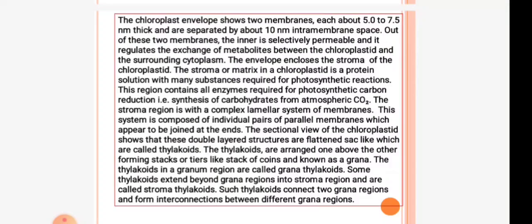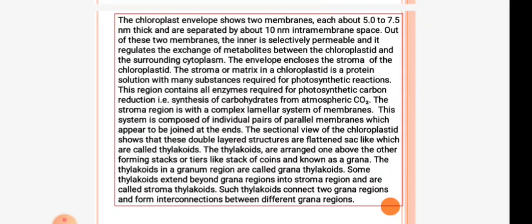The chloroplast envelope shows two membranes, each about 5 to 7.5 nm thick, separated by about 10 nm intramembrane space. Of these two membranes, the inner is selectively permeable and it regulates the exchange of metabolites between chloroplastid and cytoplasm. The envelope encloses the stroma of the chloroplastid.